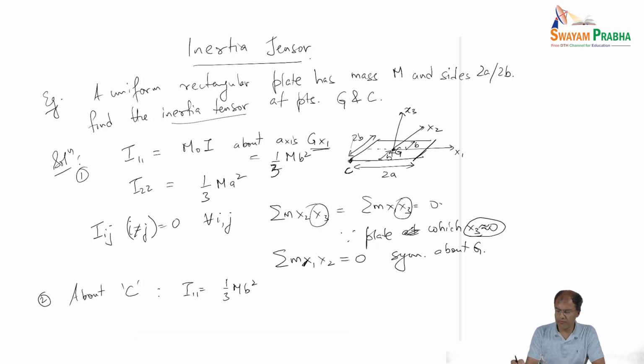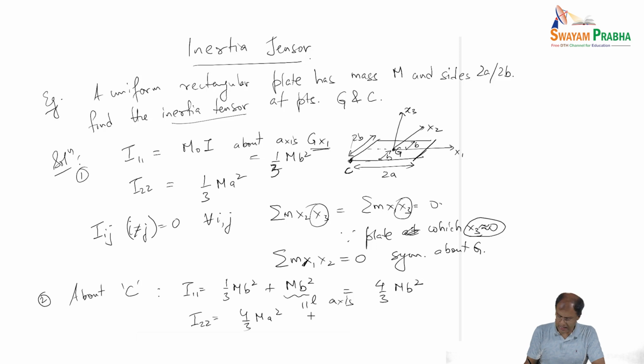From Gx1 we have a perpendicular distance b, so we add this second quantity mb square. So from the parallel axis theorem this is equal to 4/3 mb square, and similarly I22 will be 4/3 ma square.